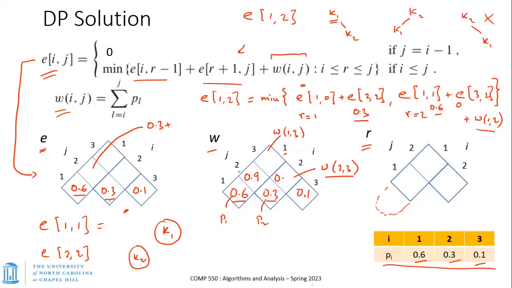Yeah, so that's 0.4 because that's simply adding up 0.3 and 0.1. What would be the weight 1 comma 3? 1.3. Can somebody tell me if that's correct?